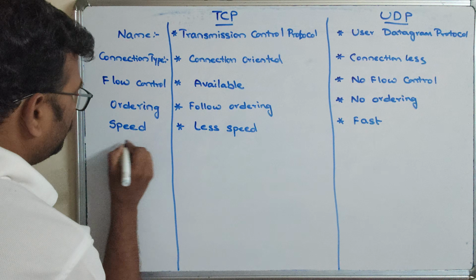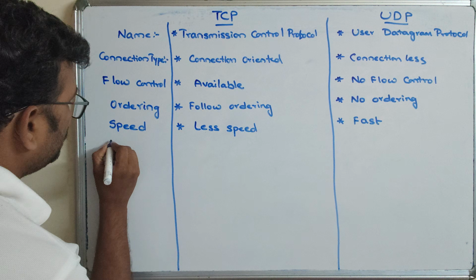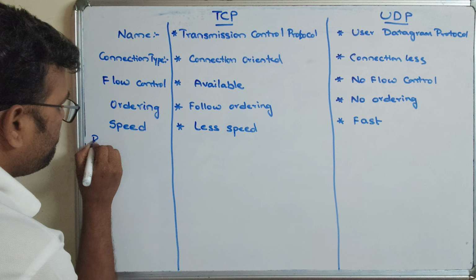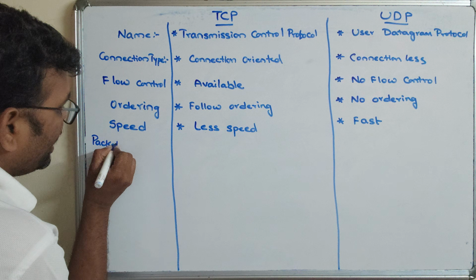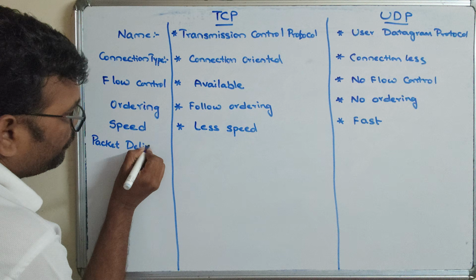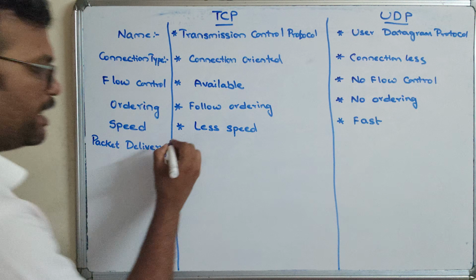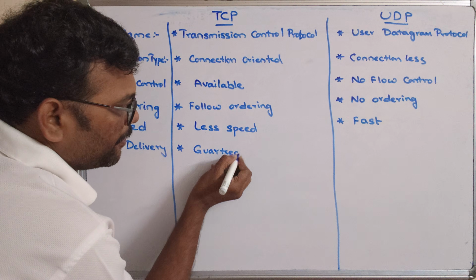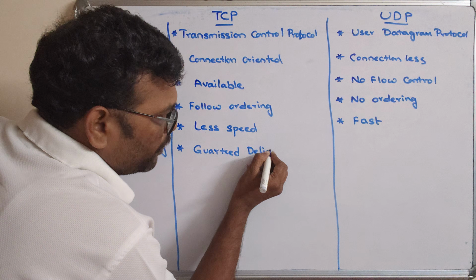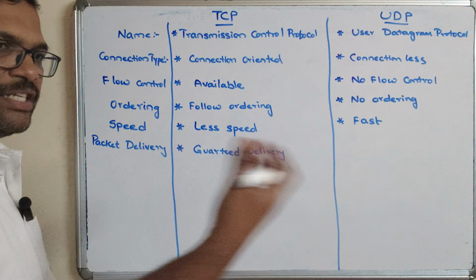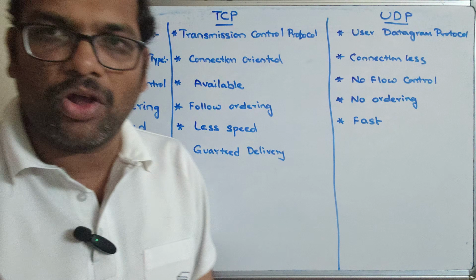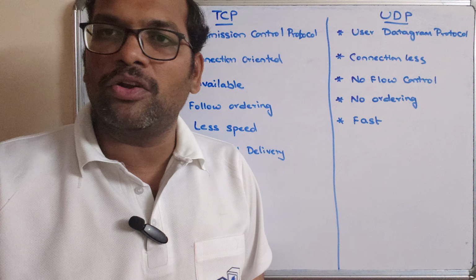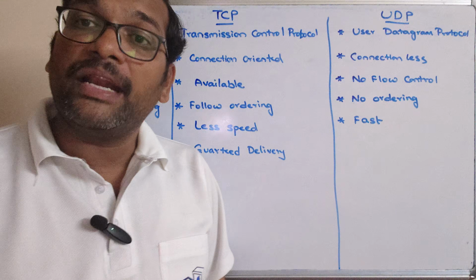And packet delivery. Coming to the packet delivery, guaranteed. Here we are establishing a connection and sending the packets. If any packets are lost during the transmission, those packets will automatically be retransmitted.